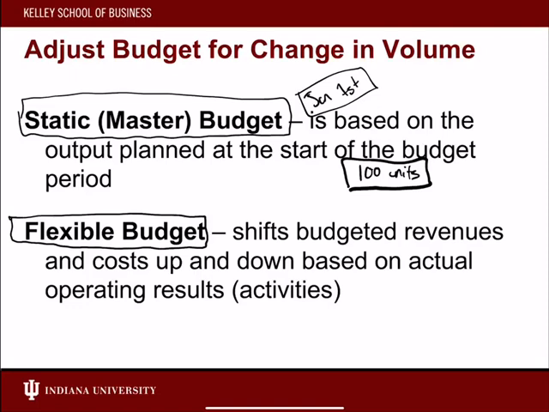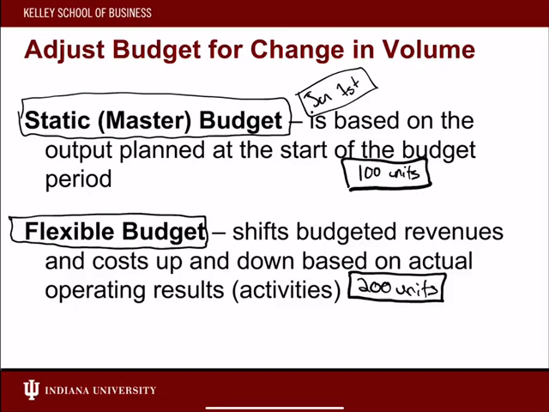Because we learned that the sales budget, or the amount of units you're going to sell, influences everything. So if we plan for 100 units, but then we actually sold 200 units, it's hard to compare that static budget made for 100 units to the outcome of 200 units. So we say, okay, let's flex our static budget to assume that we had planned on 200 units.